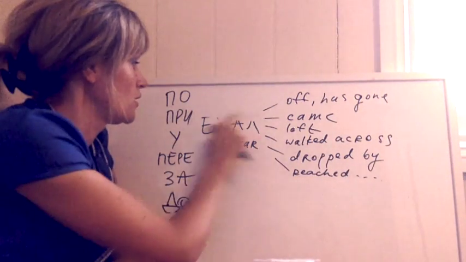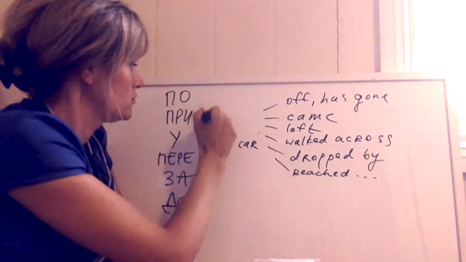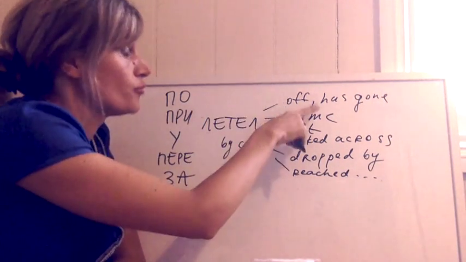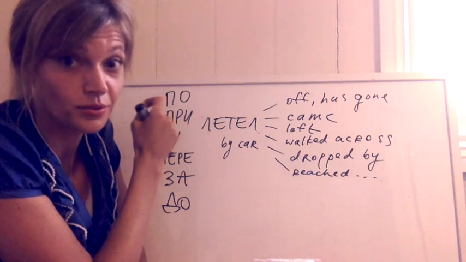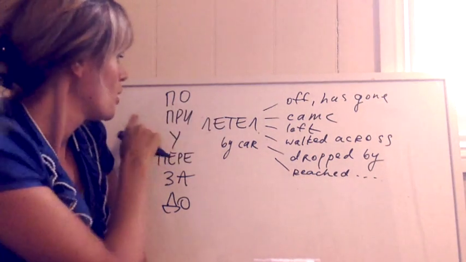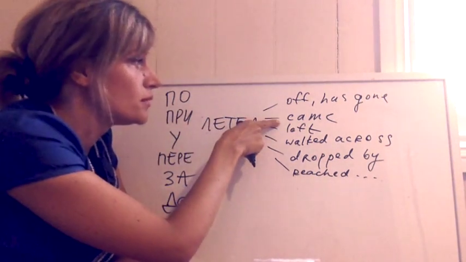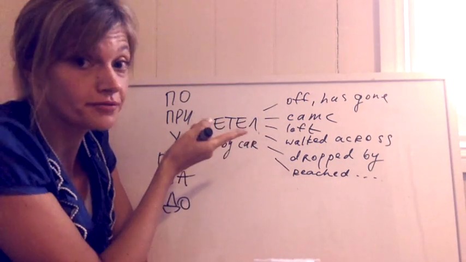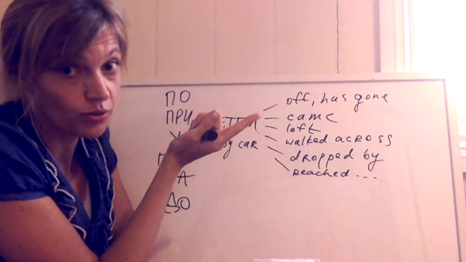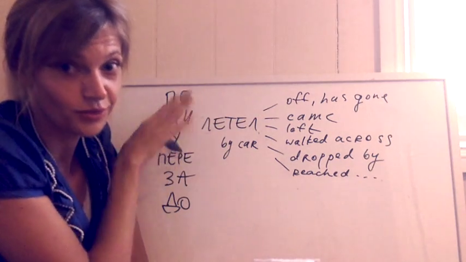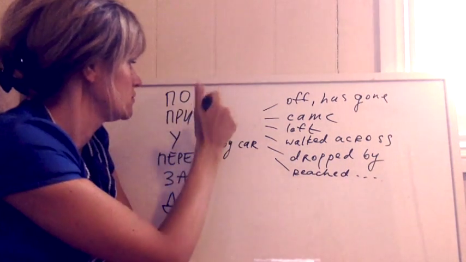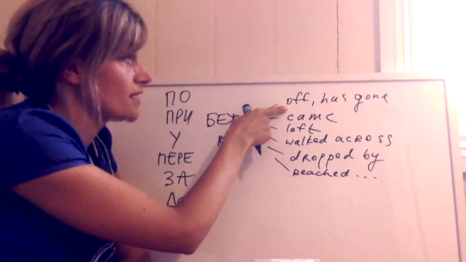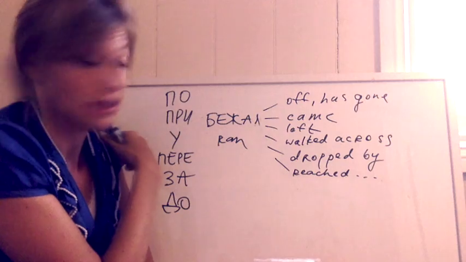You can say летел. Again, полетел, off, has gone, but with wings, by plane probably. Прилетел, he came, but by plane. Улетел, he left by plane. Or let's say бежал, ran. Again, побежал, he's off, he's gone, but running, an emergency.